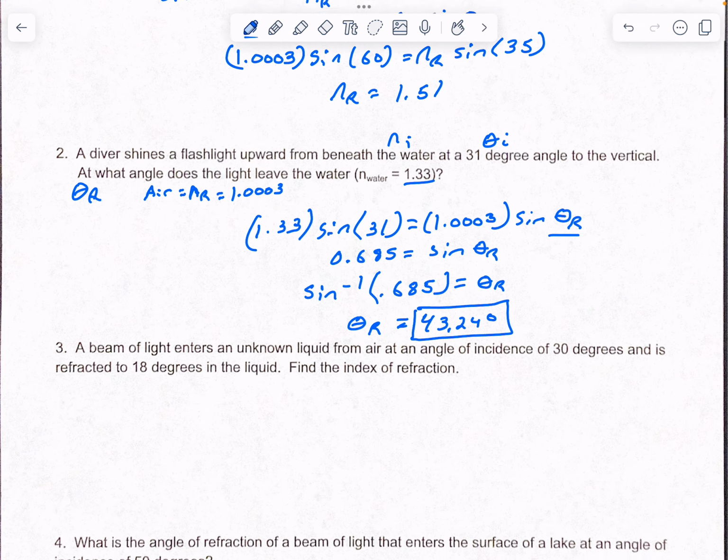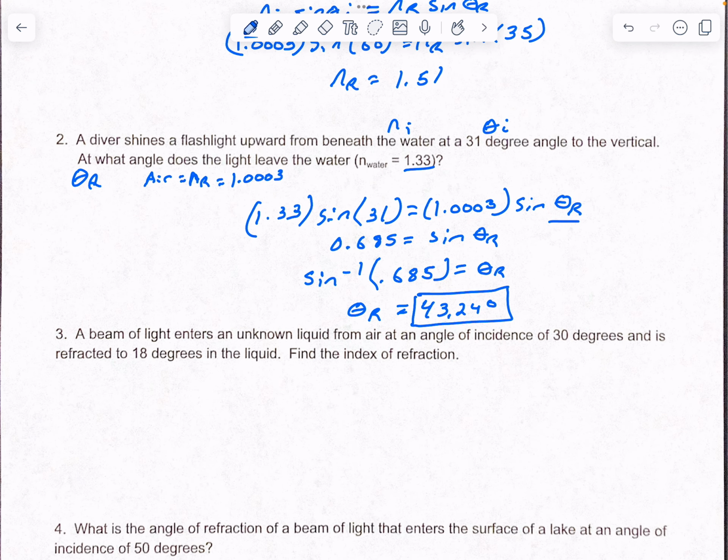Number 3, a beam of light enters an unknown liquid from air. So there's your Ni, air, at an angle of incidence of 30 degrees, so there's theta I, and refracted to 18 degrees, so that is your new angle, theta R. That means we're looking for the index of refraction for your refracted light, so you're looking for Nr.